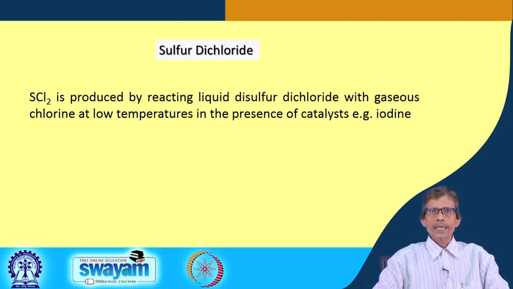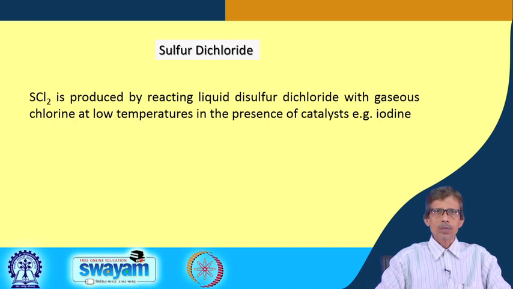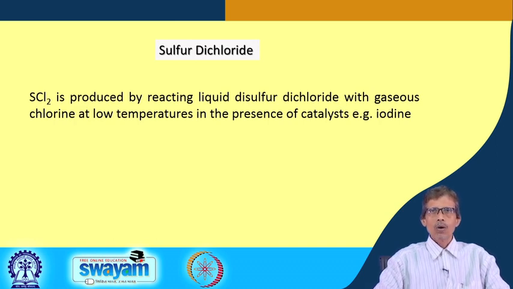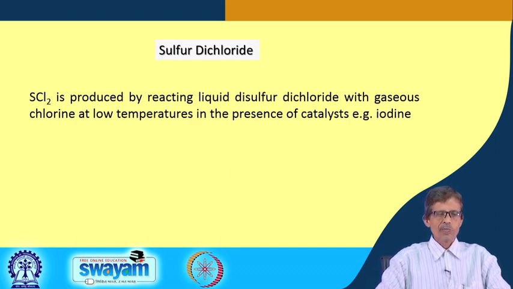So, how we get that particular SCl2 compound is very important, because we have the source of sulfur, the elemental sulfur, and we have the source of chlorine as the chlorine gas. This is also produced in a nicer way, by reacting liquid disulfur dichloride, what we have prepared earlier.